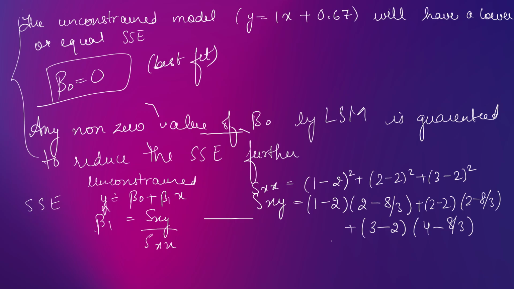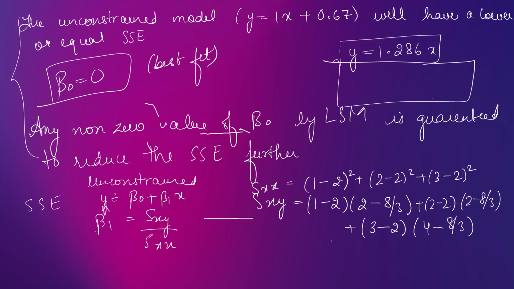Now, in case of the first one that we calculated, we got y is equal to 1.286x, if you may remember. But through the second method, we got a different answer. We got y is equal to x plus 2 by 3, or 0.67.